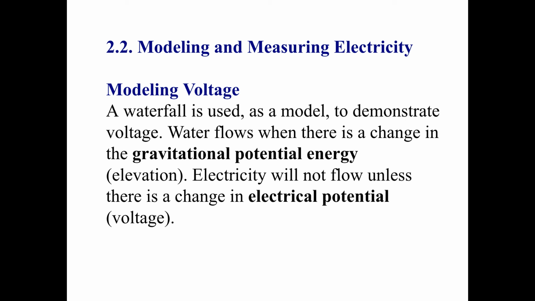Electricity is not going to flow if there isn't a change in electrical potential. Even small batteries like 1.5 volts have a very small potential. But then a 9-volt battery has a much larger potential, and then 12-volt batteries and so on. So the voltage is actually the amount of potential between where the electrons are and where they want to go.